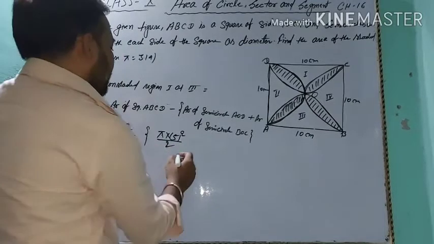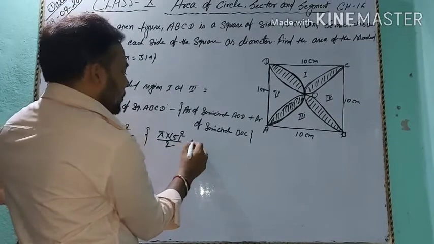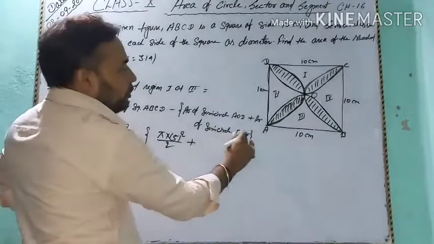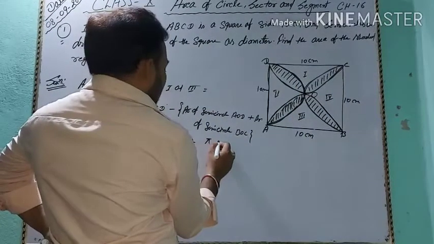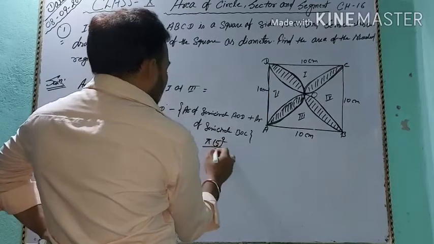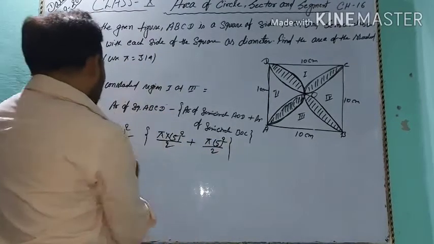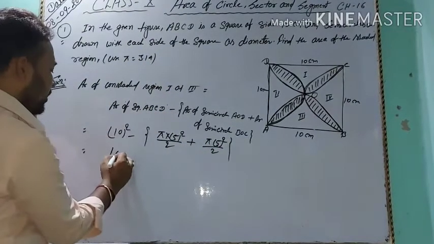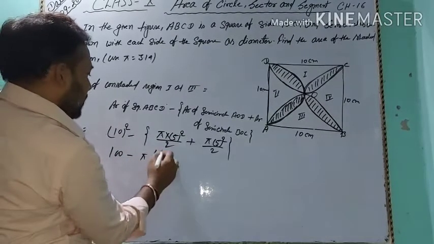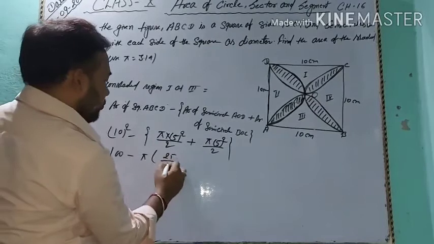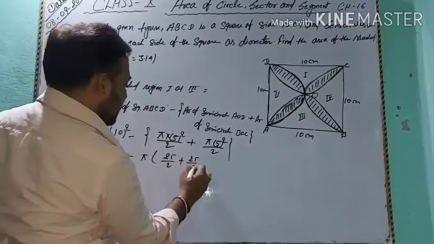Okay, and plus area of semicircle BOC, that is pi r square by 2. Okay, so 10 square is 100 minus pi is common, 25 by 2 plus 25 by 2.